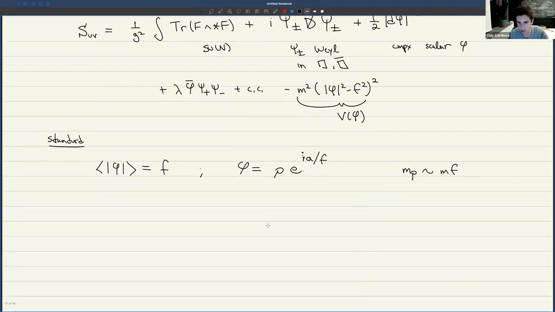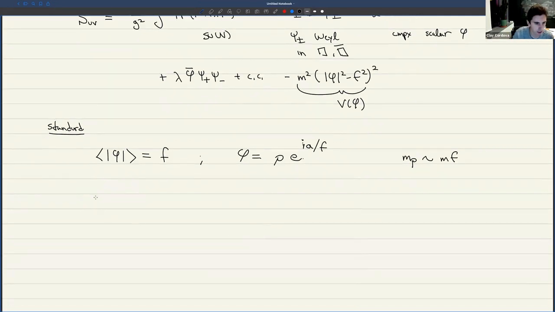So rho is massive and gets frozen out. Below that scale, we can look at the Yukawa term.